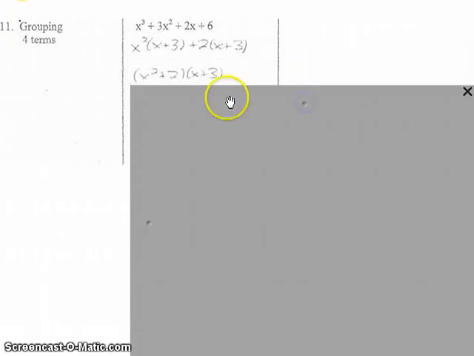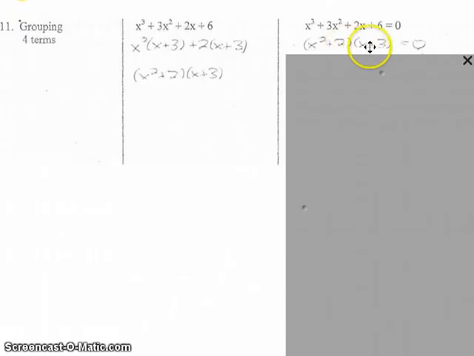On the right side, I would have been able to factor out 2, and again I would have had x plus 3. So then one of my binomials is x squared plus 2, another is x plus 3. The reason I know that I'm done this time is because I can't do anything with x plus 3, and x squared plus 2, well, that's not a perfect square. And there isn't any other rule that I know for how to factor x squared plus 2, so that's done.